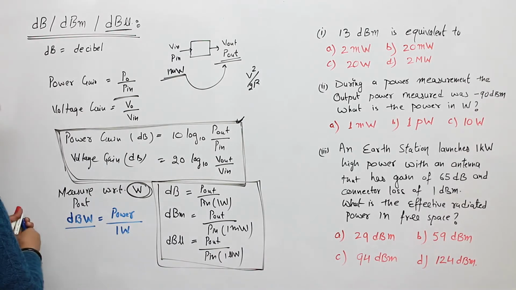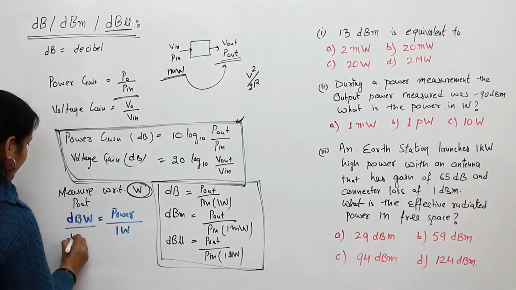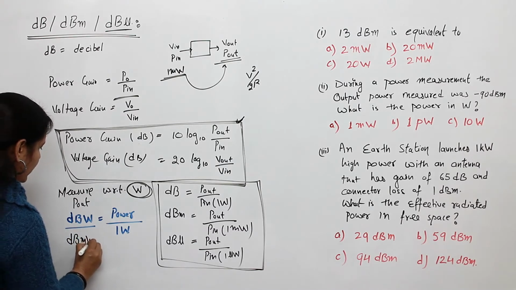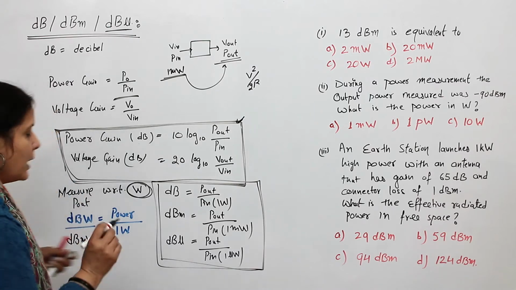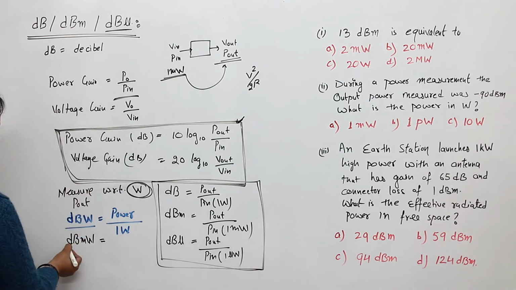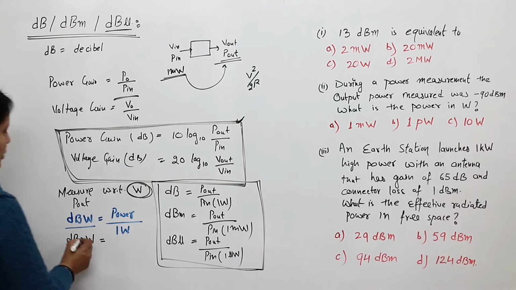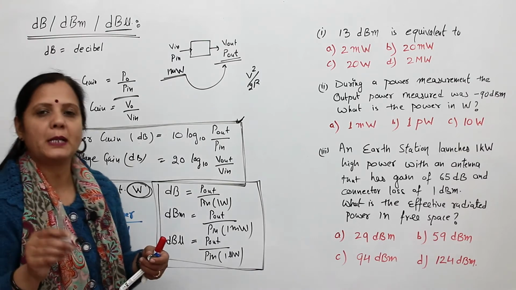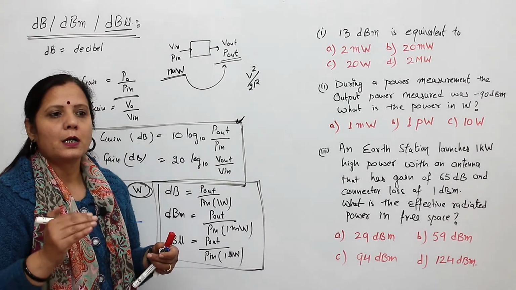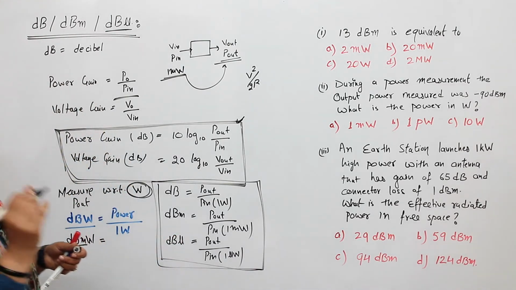Similarly, dBmW, this term you will also find in your literature and in your numerical problems. If they are asking for the value of dBmW, they are simply asking for power in dBm. It means your power is in the range of milliwatts and how many times it is greater than 1 milliwatt.